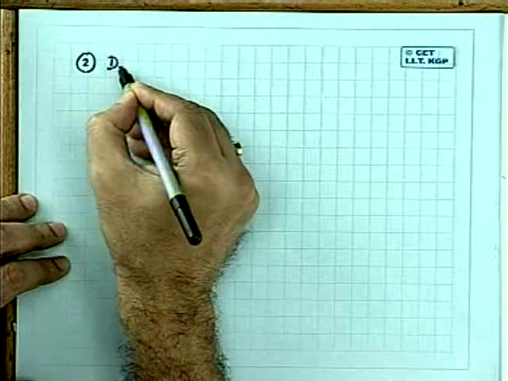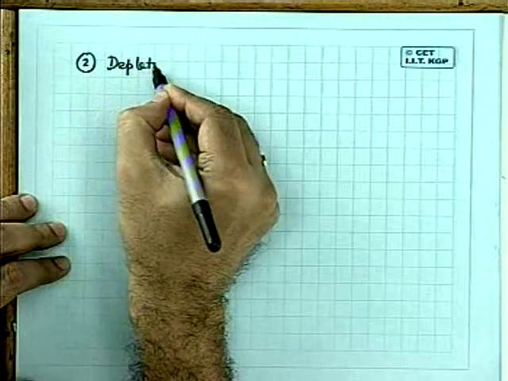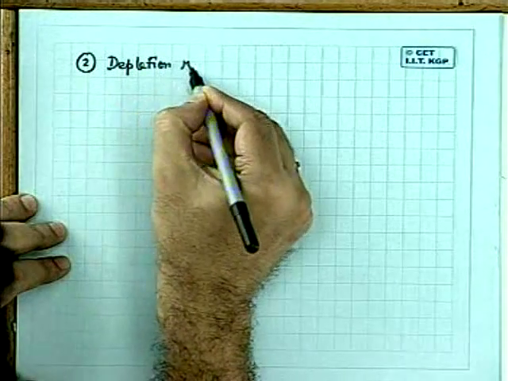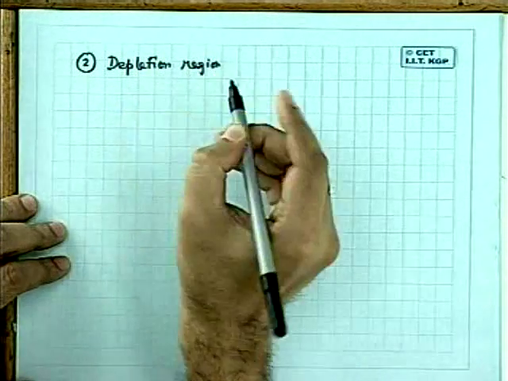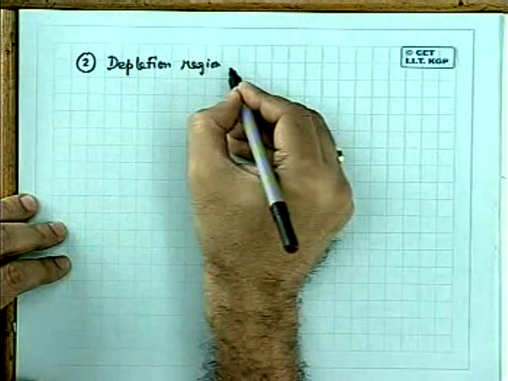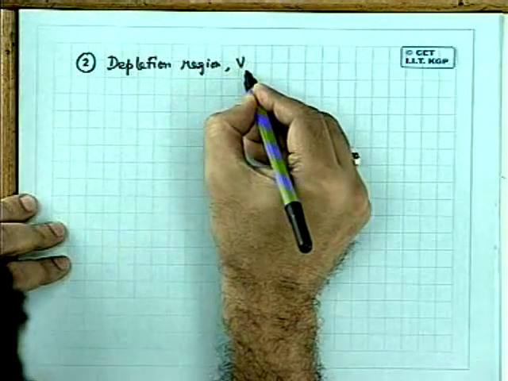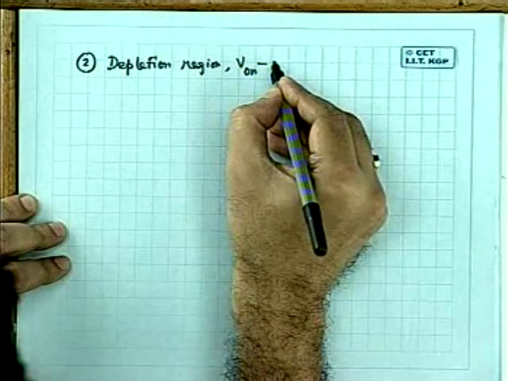Then consider the depletion region. Here VON minus twice phi p.